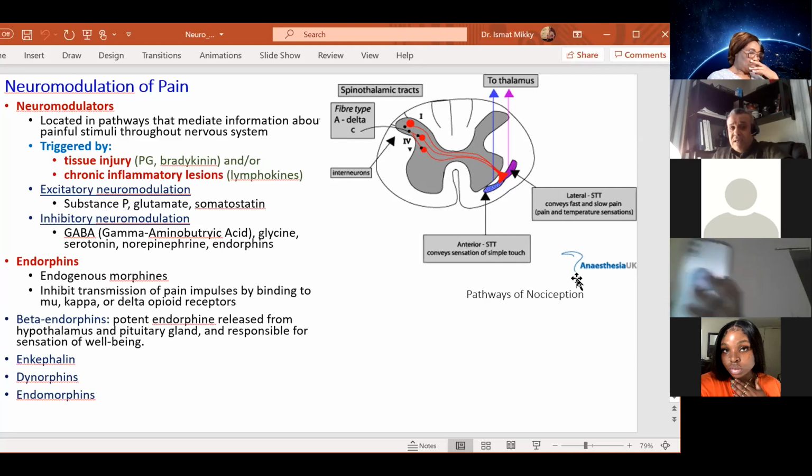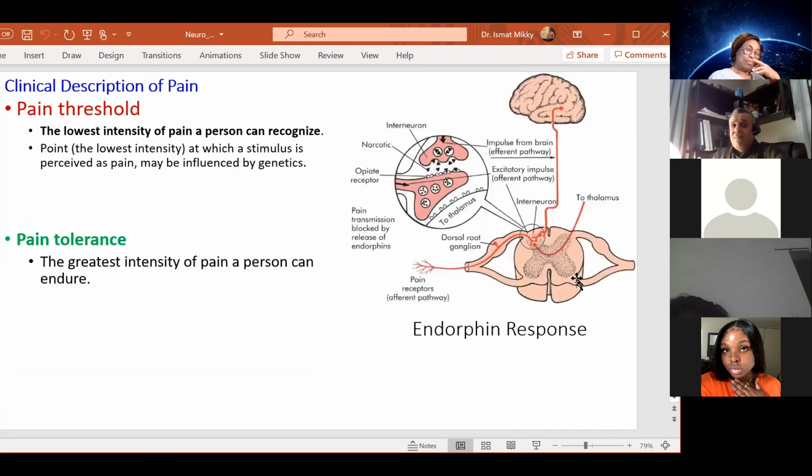Our body produces the enkephalins, dynorphins, endomorphins. All of these are natural pain relieving chemicals that our body produces to inhibit the neuromodulation. So inhibitory neuromodulation always equals pain relief. Chemicals are produced to antagonize the receptors to relieve pain.